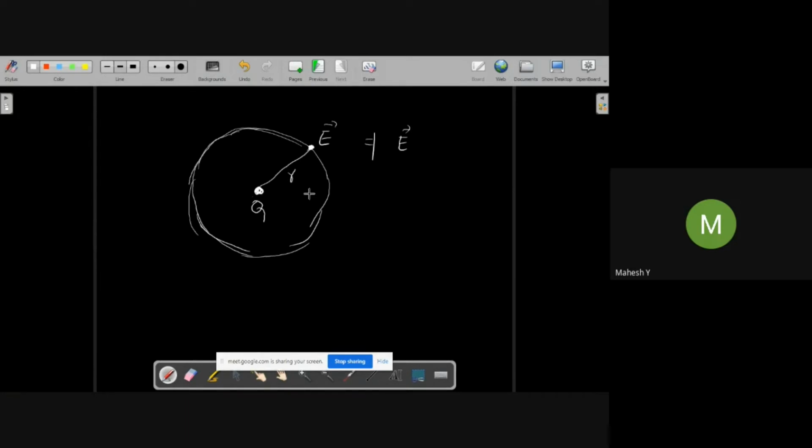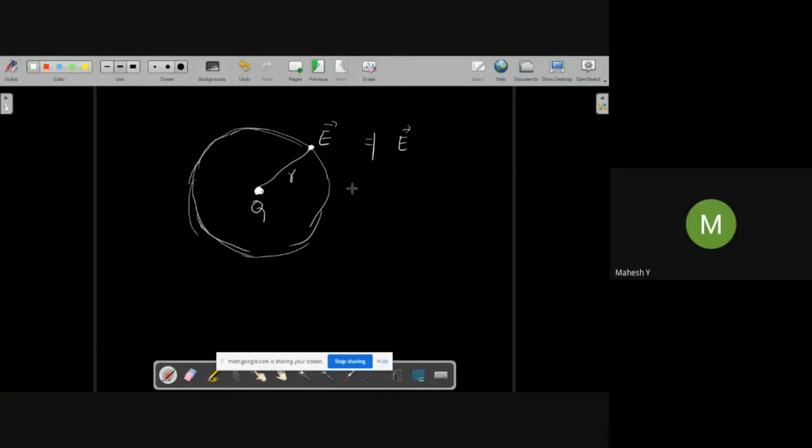I want your response because I should know whether you are following or not. Anybody? You kept a single charge here, Q. So what is this? Point, line, or sheet? Point charge. Yeah, point charge.